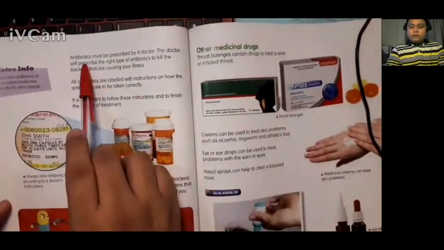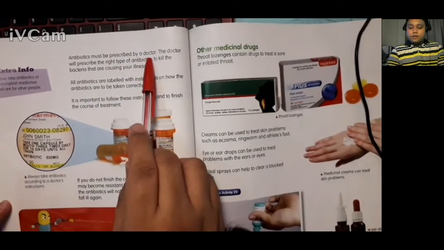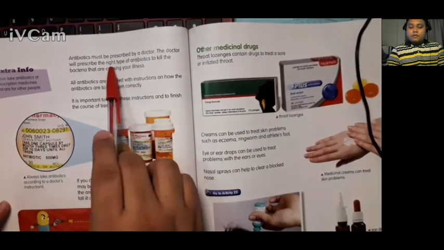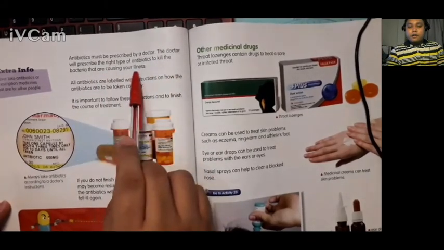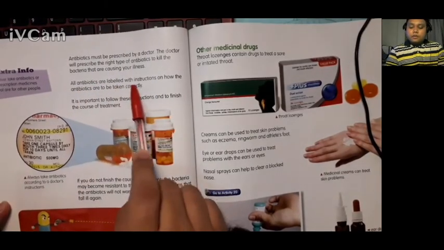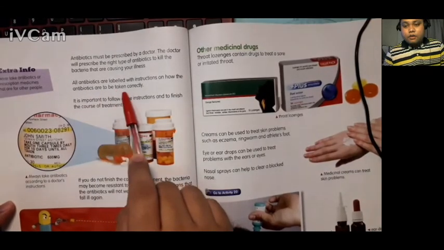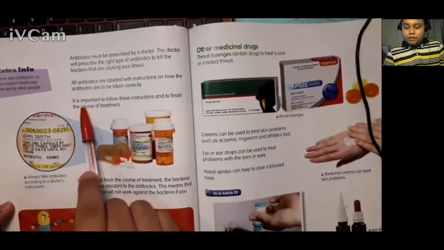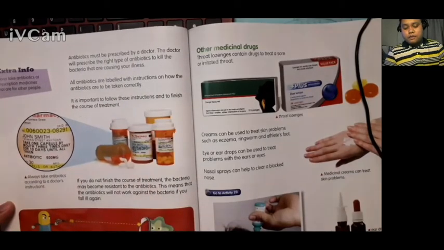Antibiotics must be prescribed by a doctor. The doctor will prescribe the right type of antibiotics to kill the bacteria that are causing your illness. All antibiotics are labeled with instructions on how they are to be taken correctly. It is important to follow these instructions and to finish the course of treatment.